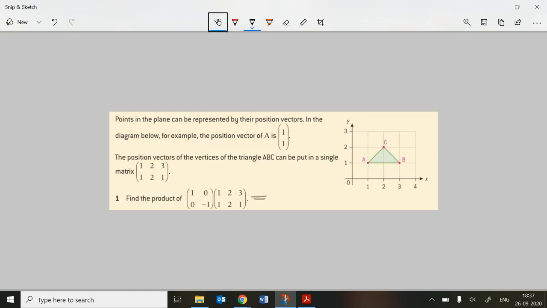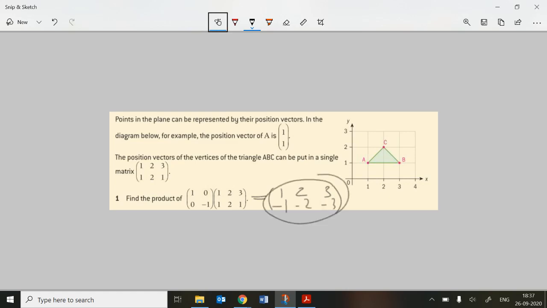So if we apply that in this case here, we can see we're going to do 1, 0 times 1, 1. And so that's going to give us the answer of 1. And then 1, 0 times 2, 2, which is going to give us the answer of 2. 1, 0 times 3, 1, which is going to give us the answer of 3, of course. So when we sum those things together, and this times this and summed is going to give us minus 1, and so on. Minus 2 and minus 3.